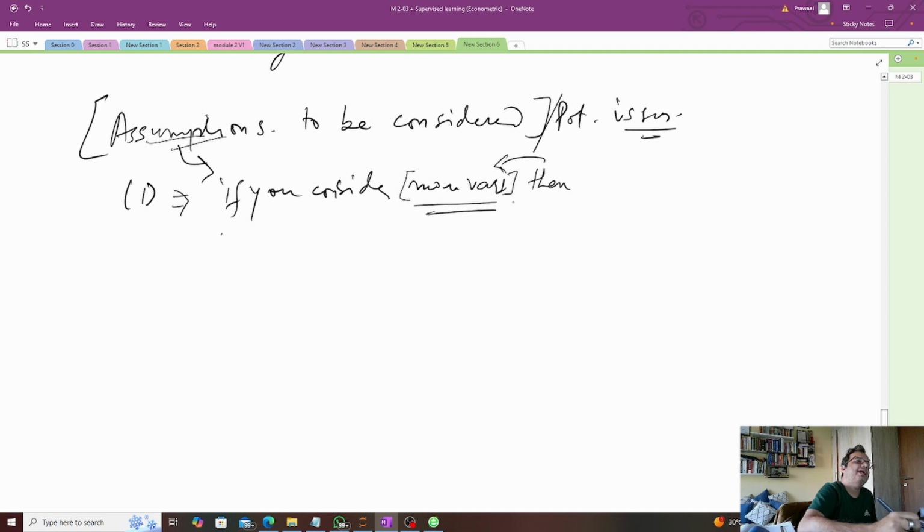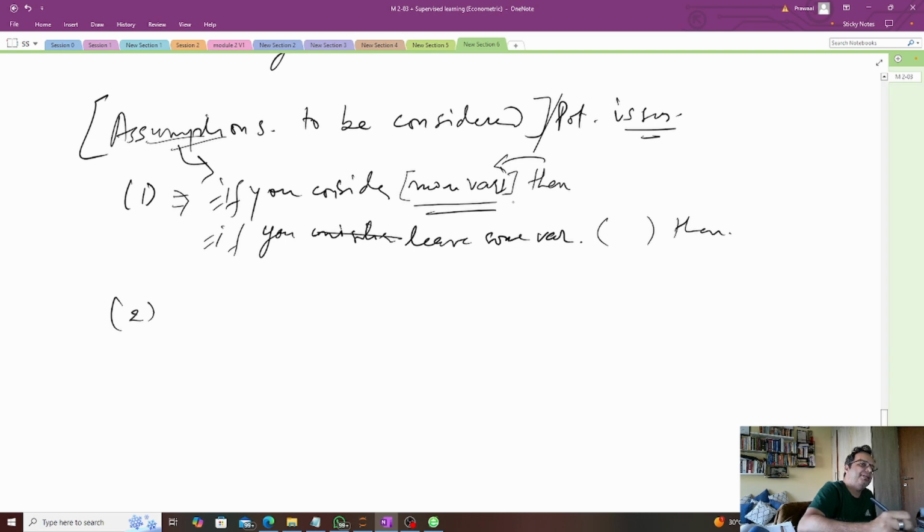But on the other hand, if you consider fewer variables, and you leave out some variables that are supposed to be important for your output, then also you need to be careful. So in both these cases, you need to have some kind of domain knowledge which should make you consider the right set of variables. That's the first disadvantage, because otherwise it is not going to be able to capture the dependency rightly.